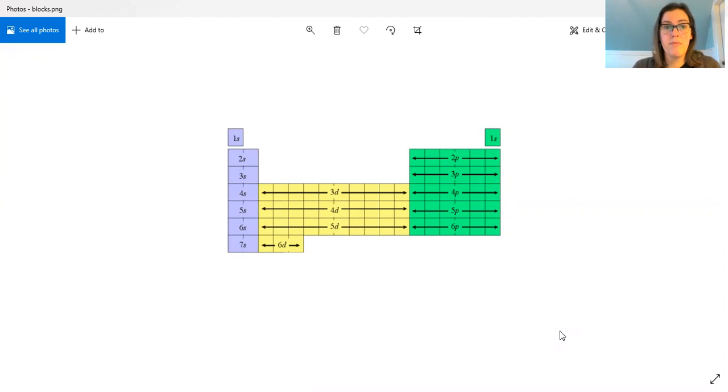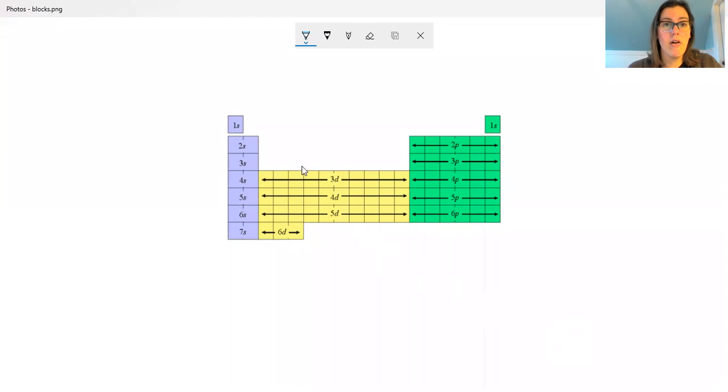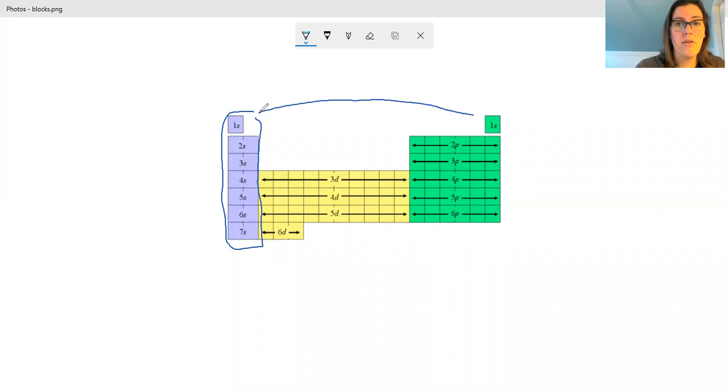Now to do that, I want to refresh your memory on the different blocks that exist in the periodic table. So if you recall, this blue section right here on the left, this is called the S block. And that is also joined by, at the far right, the helium. In the middle, we have the D block, and at the right, we have the P block.